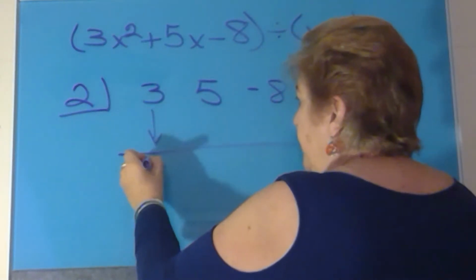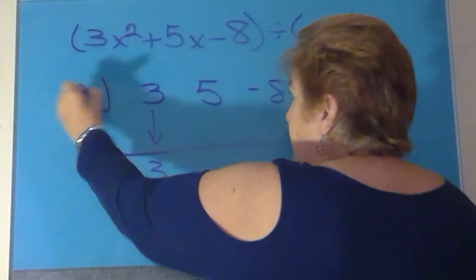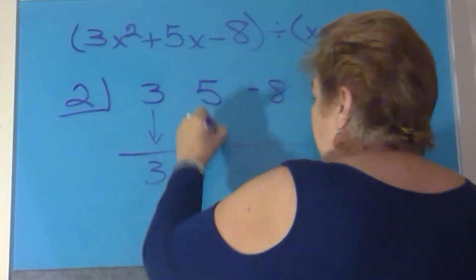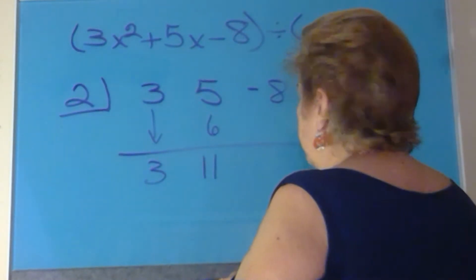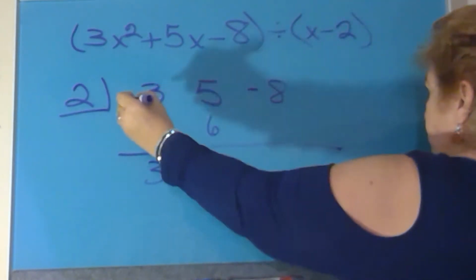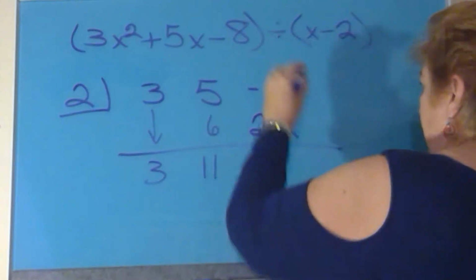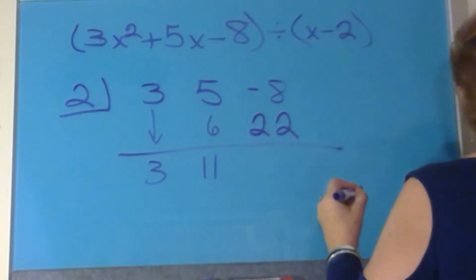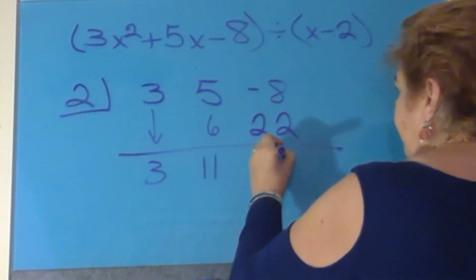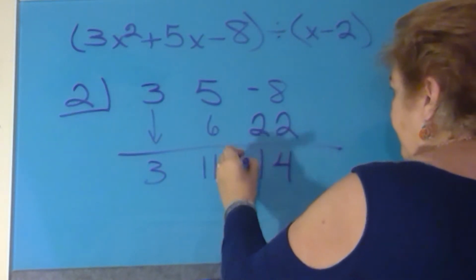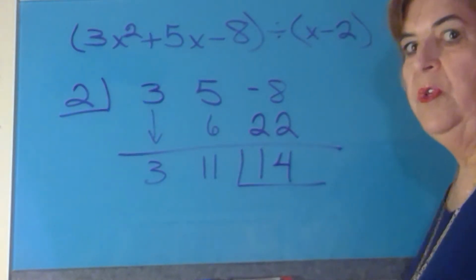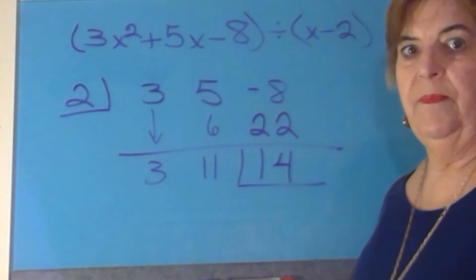Bring down the 3. 3 times 2 is 6. We add those together, we get 11. 11 times 2 is 22. And when we combine those, we get 14. So don't leave your answer like this.